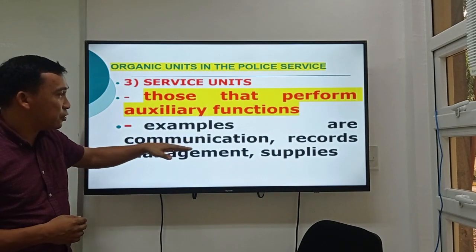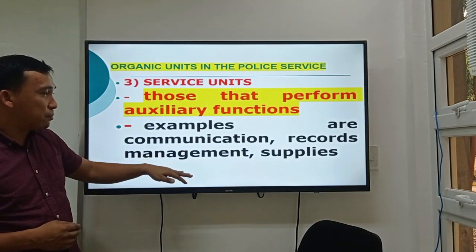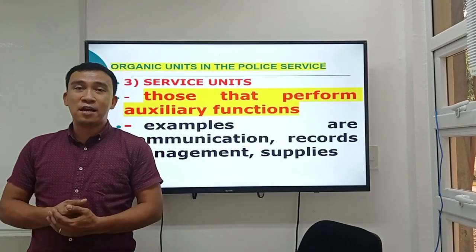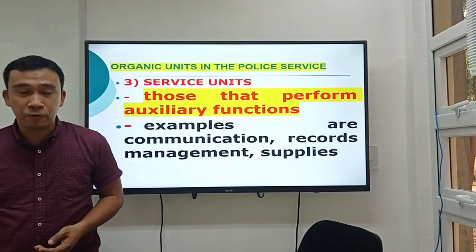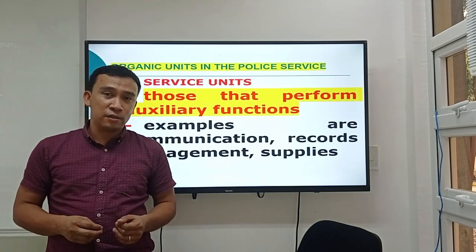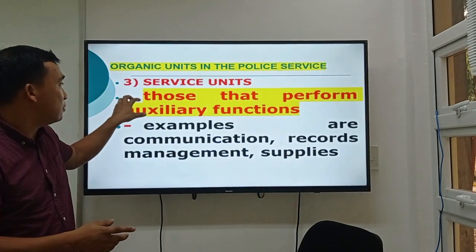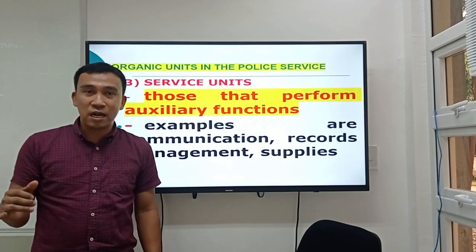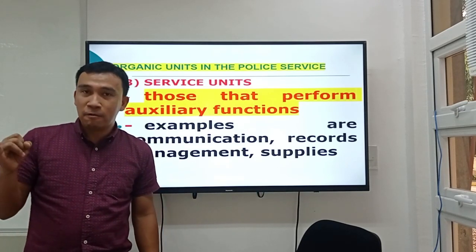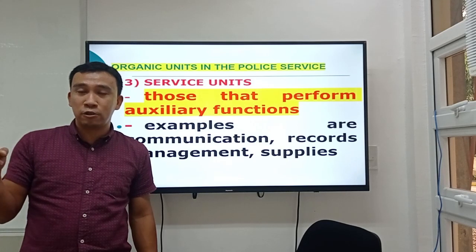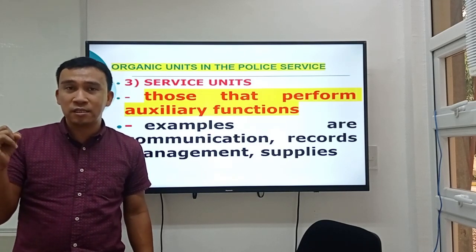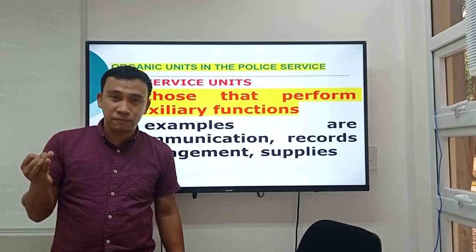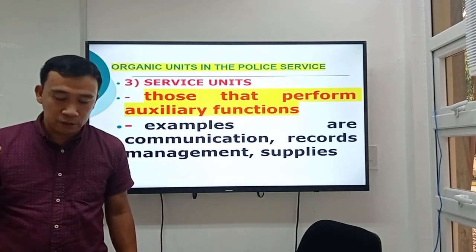These are communication, records, management, supplies, mga uniform nila, mga logistics nila, ano pa, mga sasakyan, procurement unit, lahat ng yan ay trabaho na under ng service units. Okay? So, 3 organic units in the police service, operational units, more on operation, or they are also considered as line units, and then the administrative, and of course, the service or the support units.